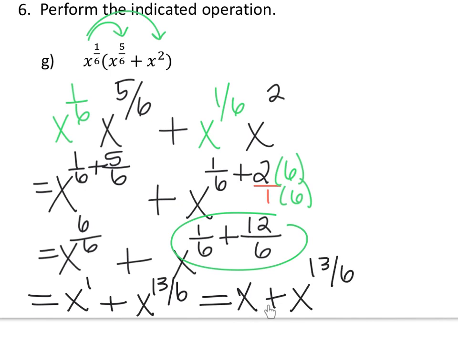Now, we can't add this further because although they have the same base, they do not have the same exponent. So they would have to have the same exponent and base in order for them to be like terms. So this is our final answer, x plus x raised to the 13/6.